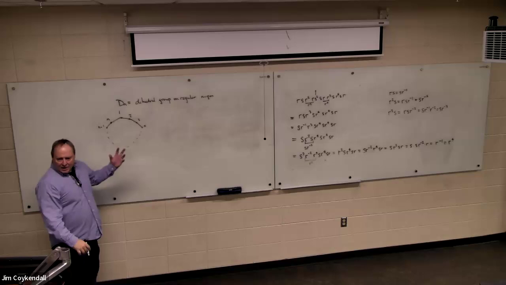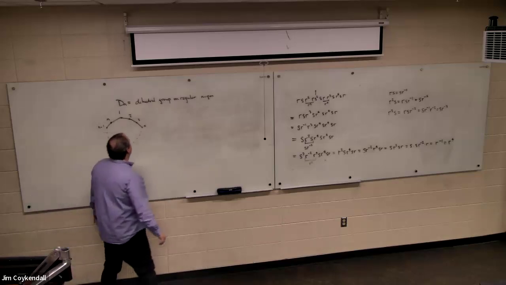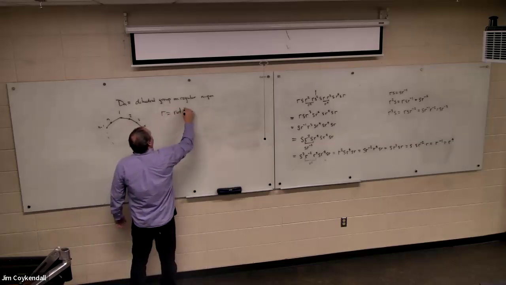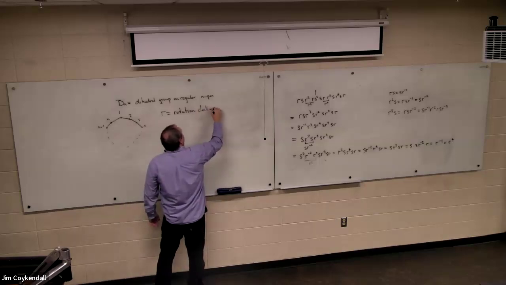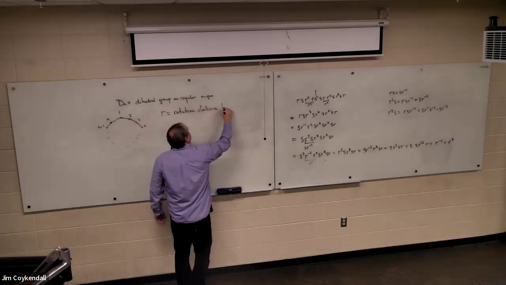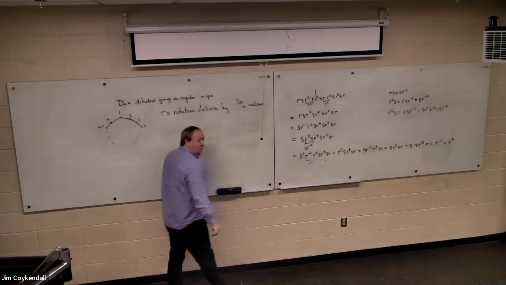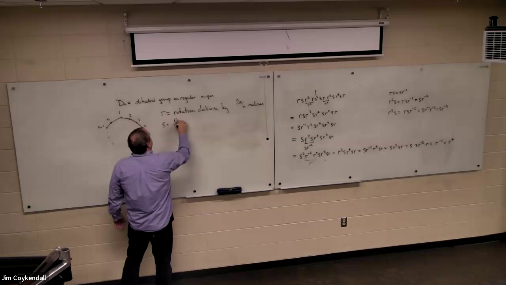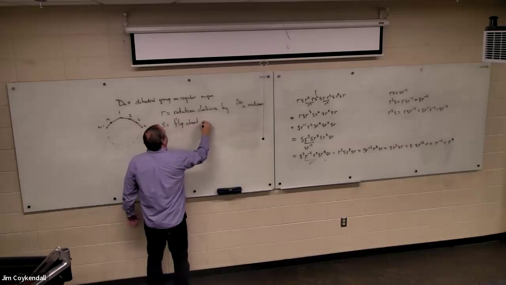So if you have a regular n-gon, you could play the same game we did with the pentagon. Right? R is rotation clockwise by 2 pi over n radians, as opposed to 2 pi over 5 that we did before, and S equals flip about the y-axis.